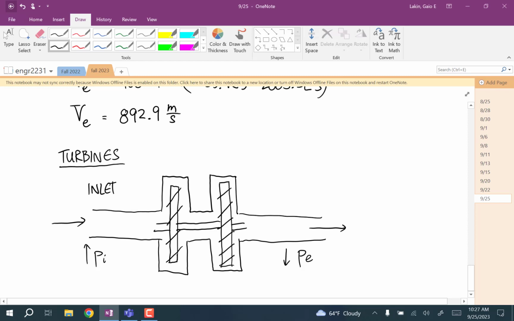And that pressure difference is what forces the gas through, this time it's a gas, it's rarely a liquid, and turns these turbines. And turning those turbine blades does one of two things.